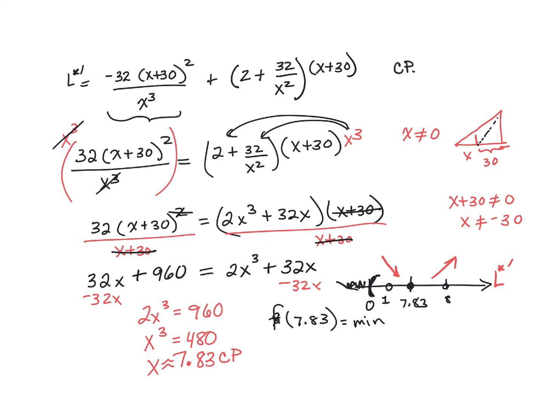And remember, that's just our x value. We really want to know what is the length of the ladder. So we have to go back. Unfortunately, I can't go back on this, but I'm going to go back to my function, which was L. Let's not make it squared.